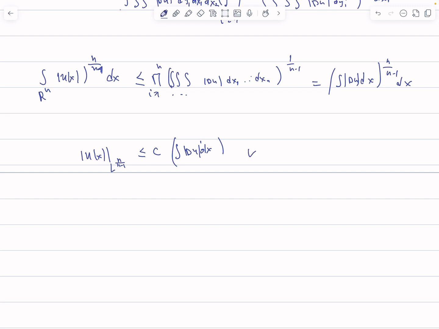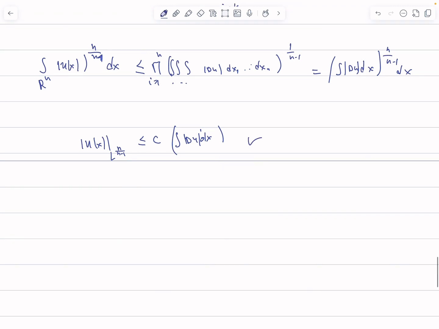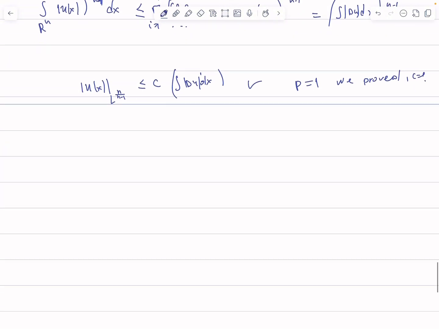Okay, now we proved it for p equal to 1, and our c is 1.